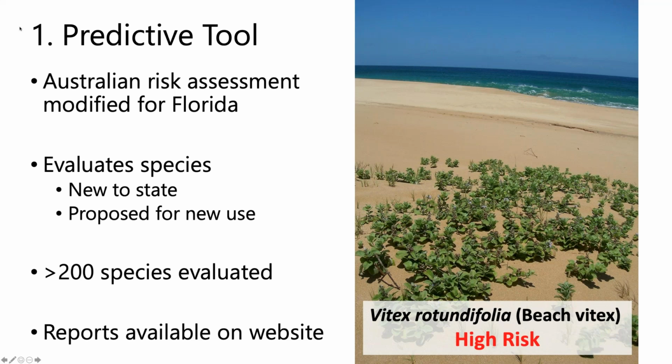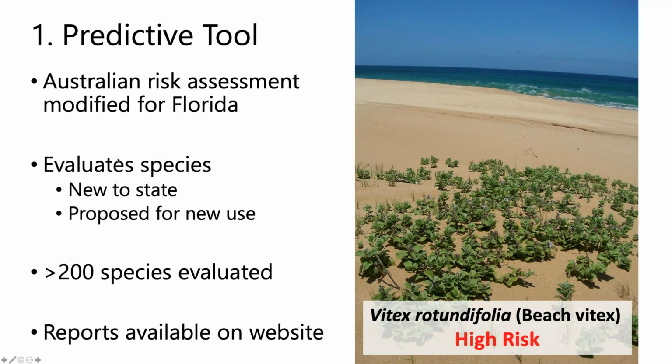So the IPC assessment has been written into state policy with the biomass planting rule or non-native planting rule. Originally it was for biofuels, but it's been expanded for all non-native species that are to be planted in 2 or more acres on a property. So we do the weed risk assessments for those, as well as the species that are new to the state.